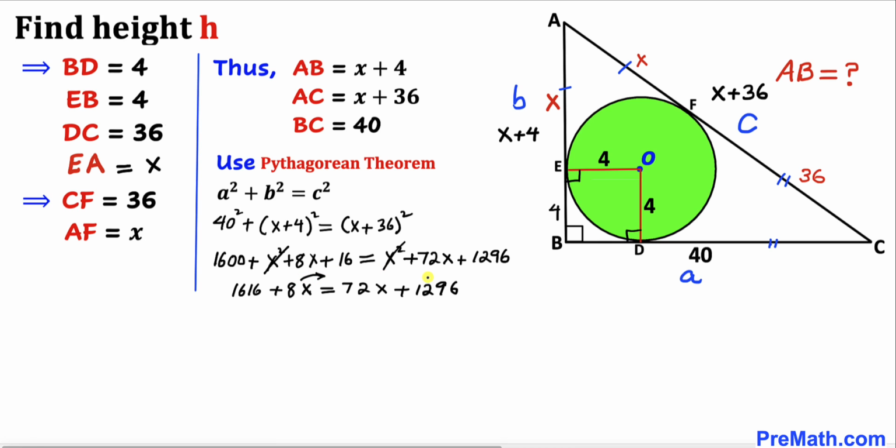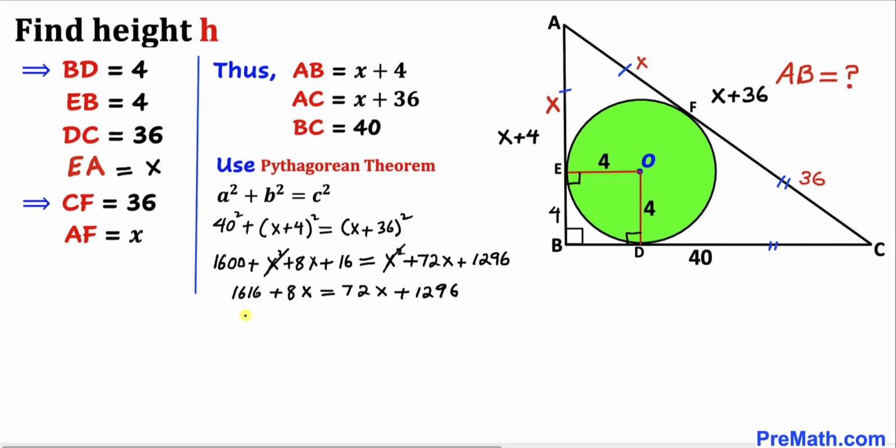Likewise, I'm going to move this 1296 to the left hand side as well. So therefore our equation could be written as 72x minus 8x equals 1616 minus 1296.